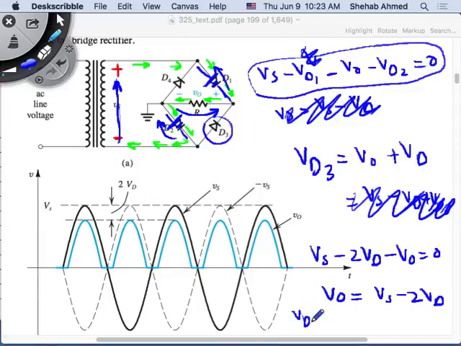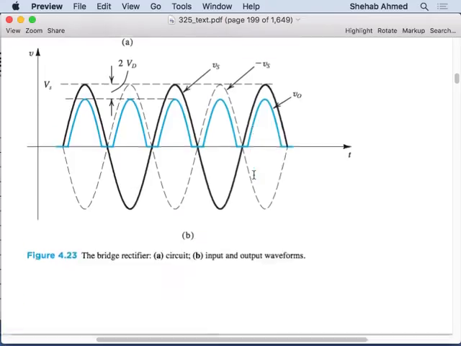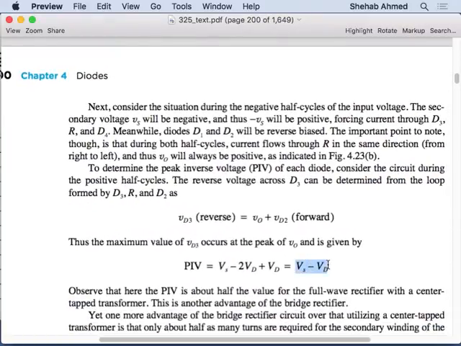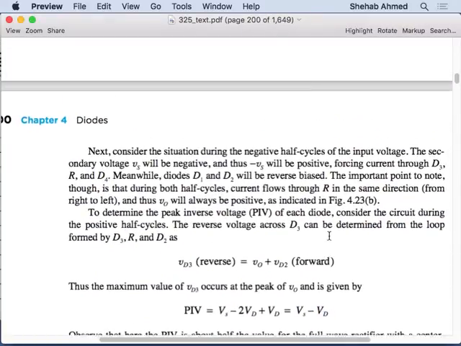So VD3 is equal to Vs minus 2VD plus VD. So the peak inverse voltage across the diode is Vs minus VD, right? And that's what we have here, Vs minus VD. So you believe me, that's good.